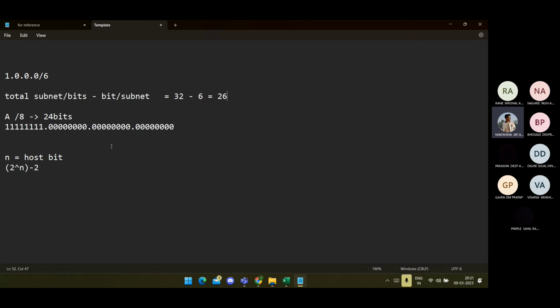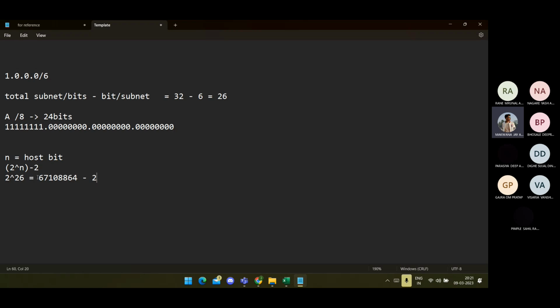Now you can calculate the hosts, right? Which is 2 raised to 26. How much will it be? Yes, it will be 67,108,864, and you have to do minus 2.